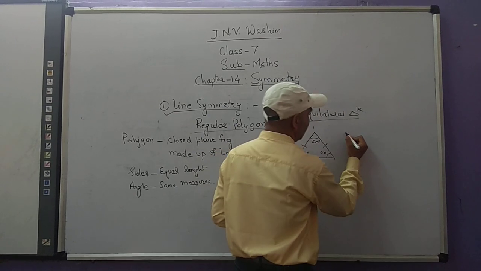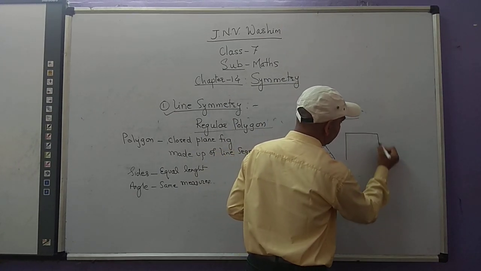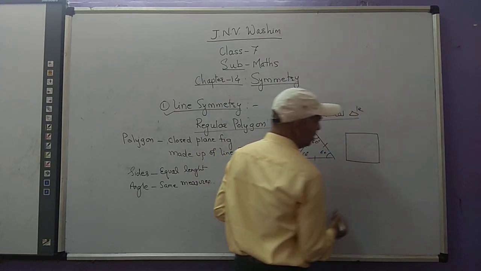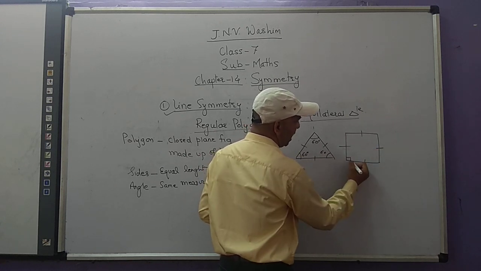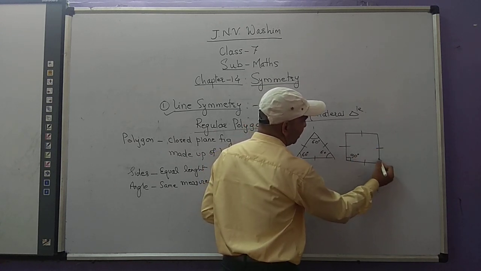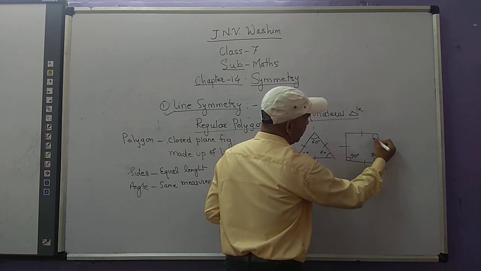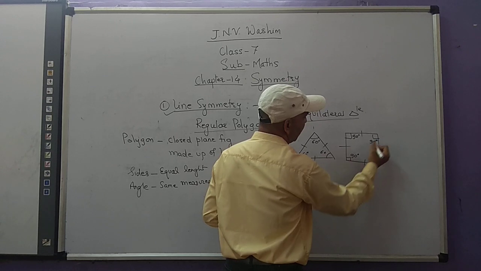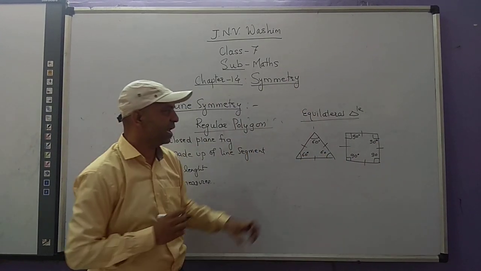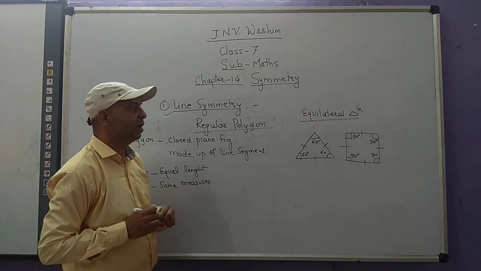Again, the next example is square. In this square, all four sides are of equal length and all angles are of 90 degrees. So, in a regular polygon, all angles are of the same measure and all sides are equal.